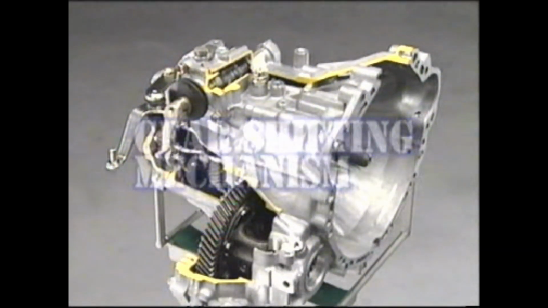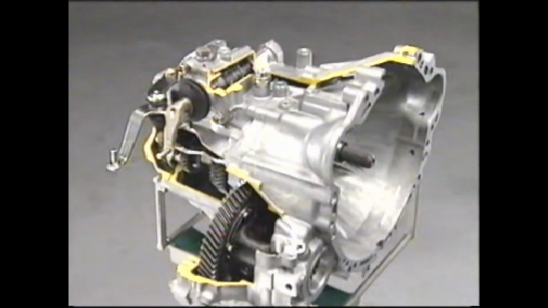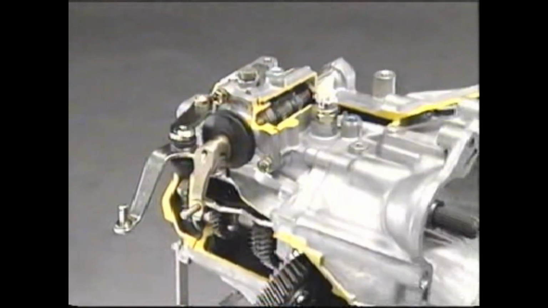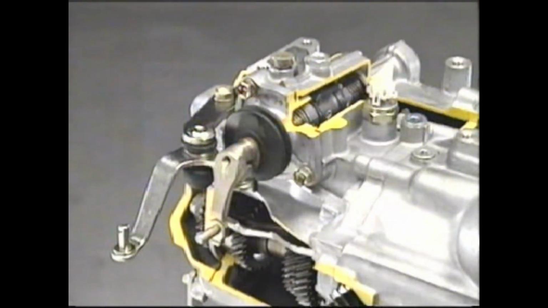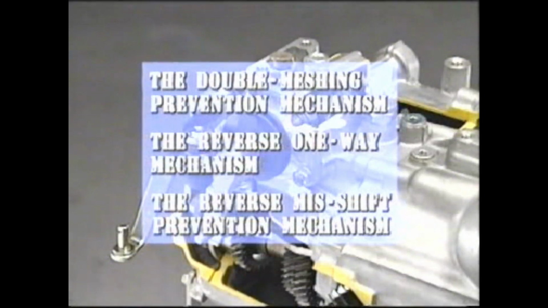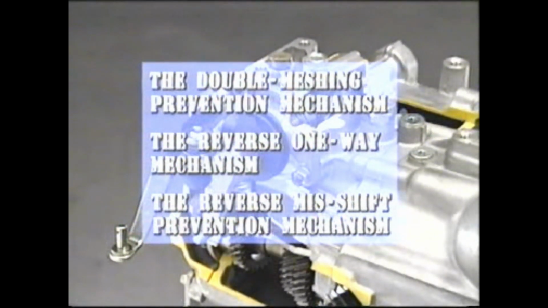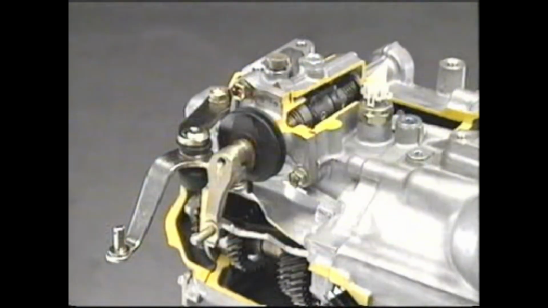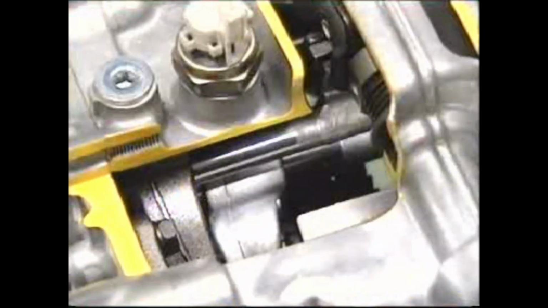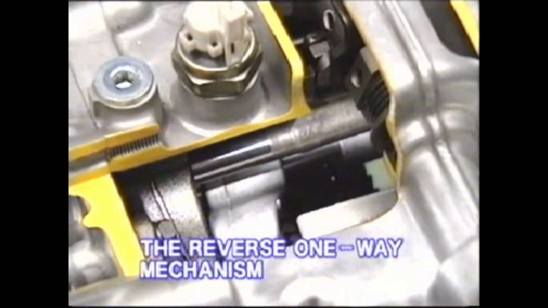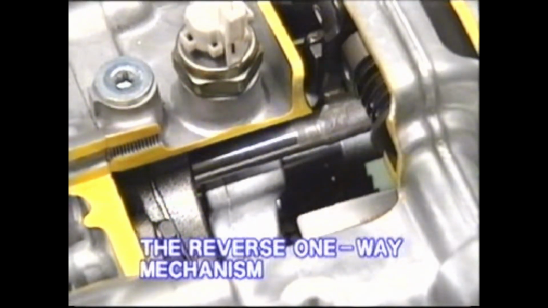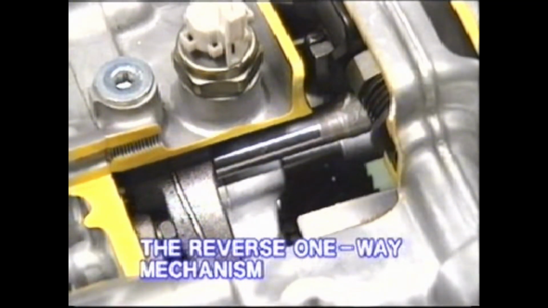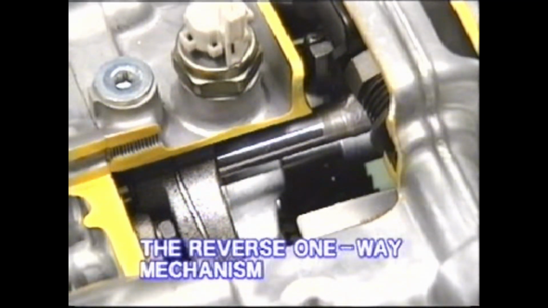This part of C50 shows the shift and select lever shaft, which incorporates the double meshing prevention mechanism, the reverse one-way mechanism, and the reverse miss-shift prevention mechanism. The reverse one-way mechanism controls the reverse idler gear to move only when the transmission is shifted into reverse.